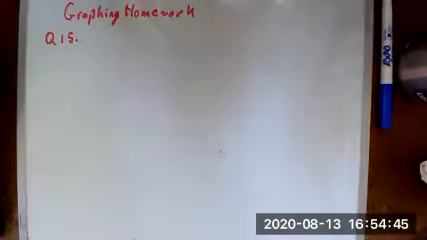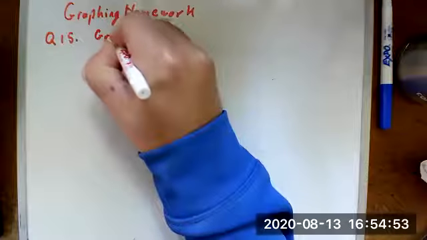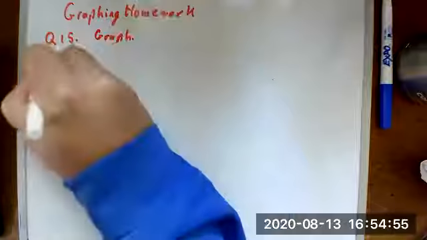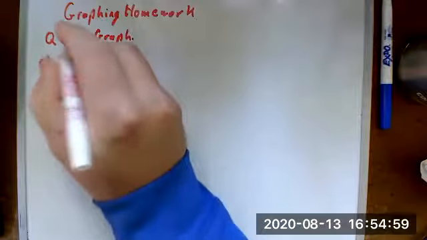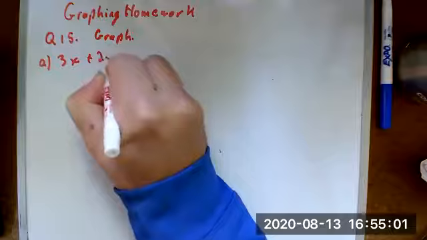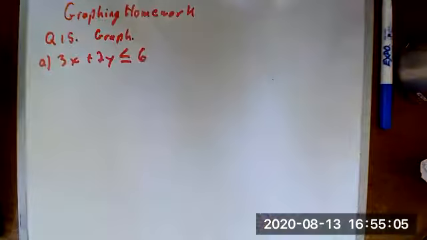Graphing. There we go. Question 15, graph each of the following inequalities. So 15a is 3x plus 2y less than or equal to 6.